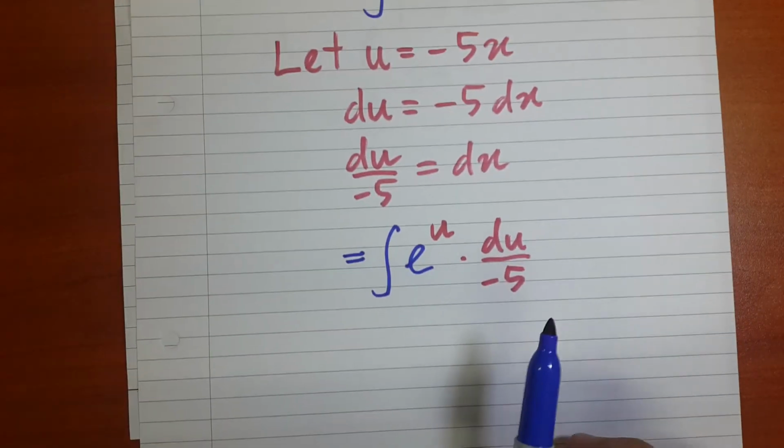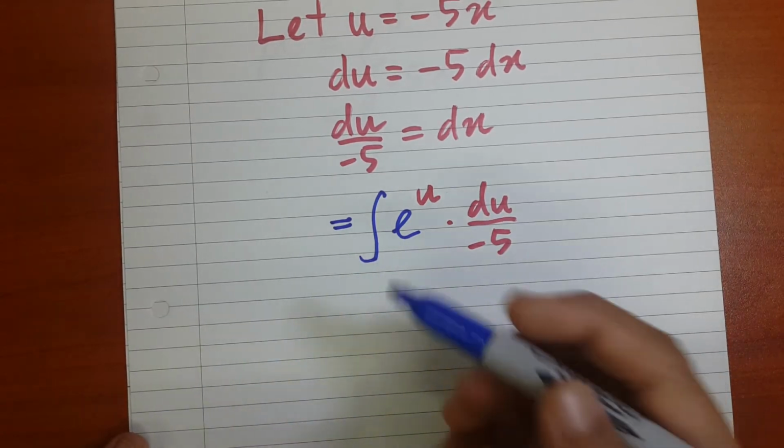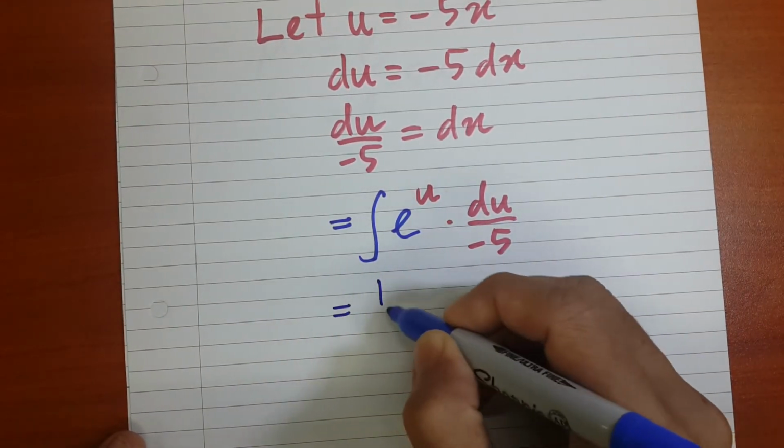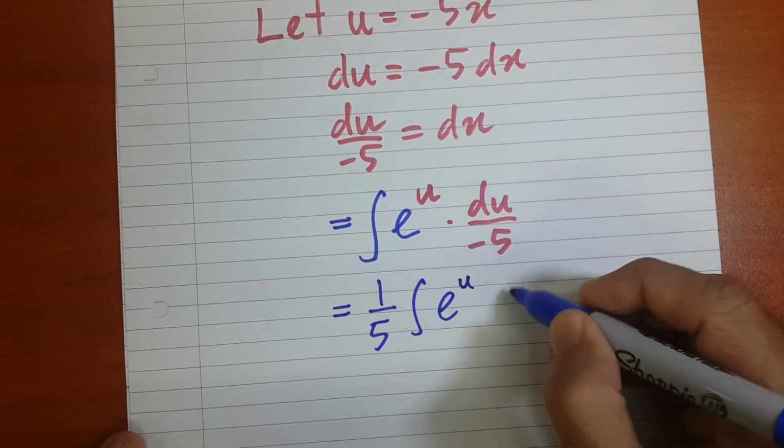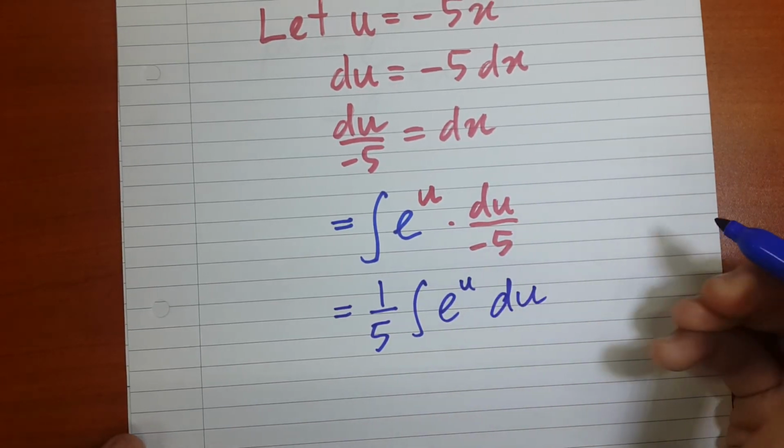And I'm going to take 1 over negative 5 out of the integral. So we simplify our integral, e to the power of u du.